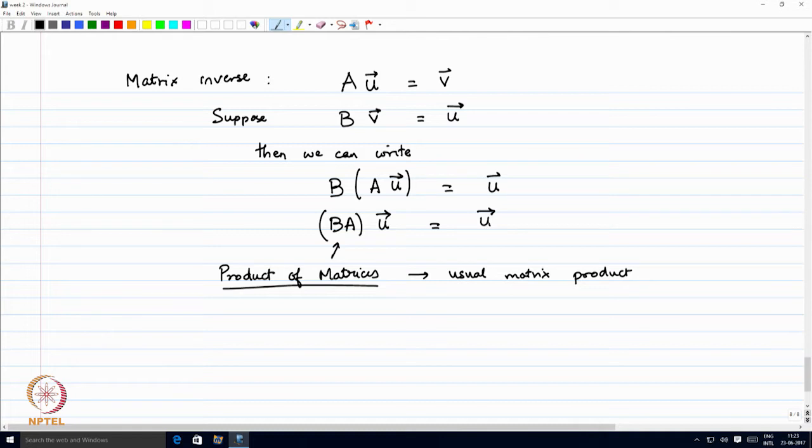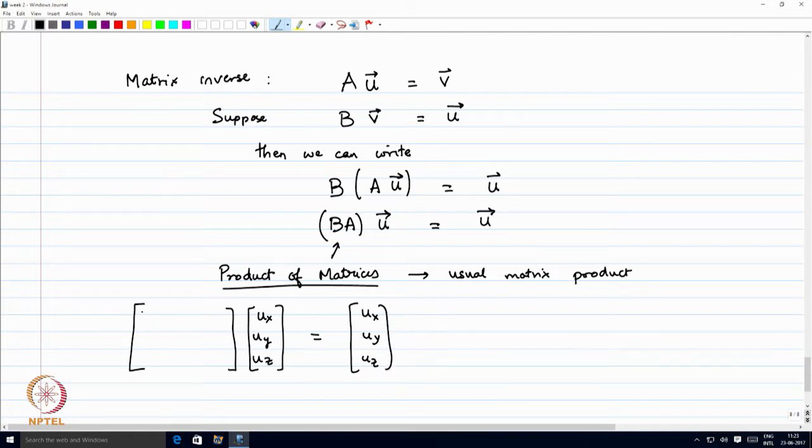Okay. Now what is a matrix that operates on a vector to give you back the vector? So what can be a matrix? So suppose I just take a 3-dimensional vector. Let me take Ux, Uy, Uz to give you the same vector Ux, Uy, Uz. Okay.